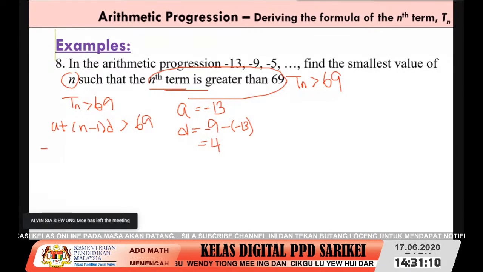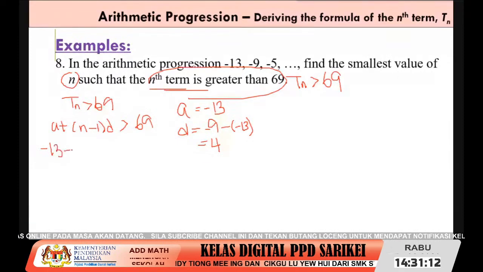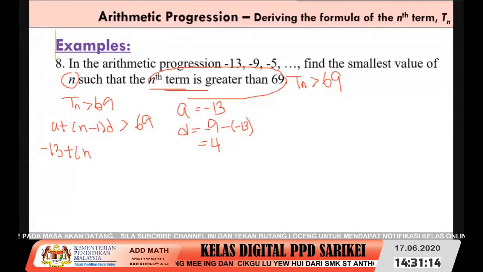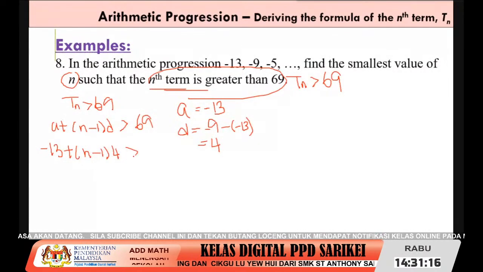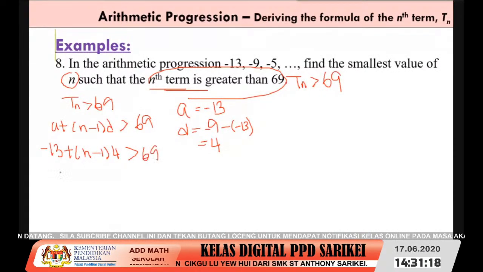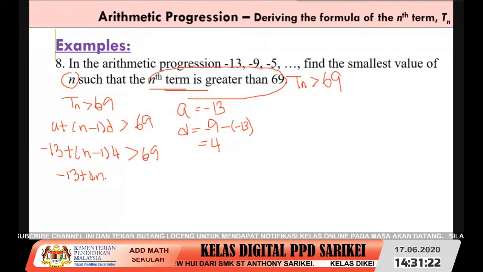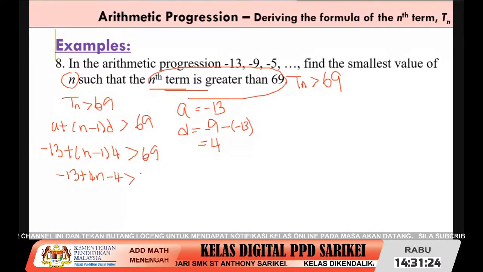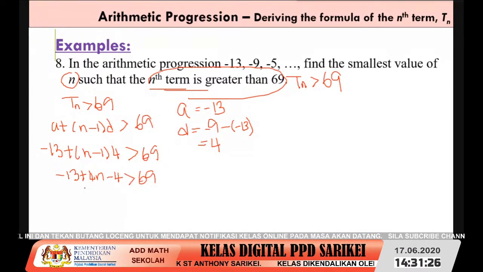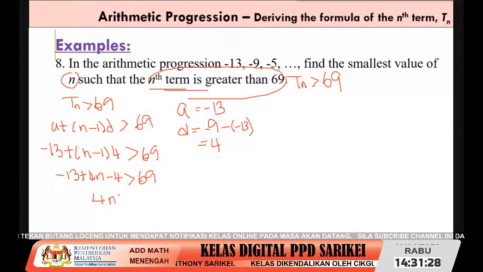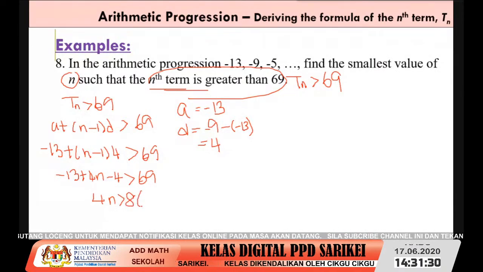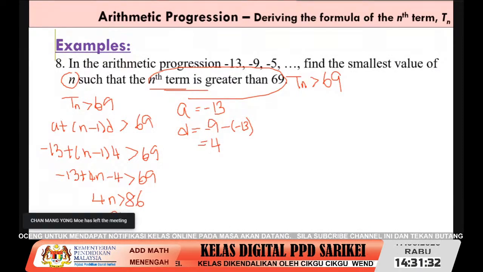So substitute: negative 13 plus (n minus 1) times 4 greater than 69. So negative 13 plus 4n minus 4 greater than 69. So my 4n will be greater than 86. So my n is greater than 21.5.